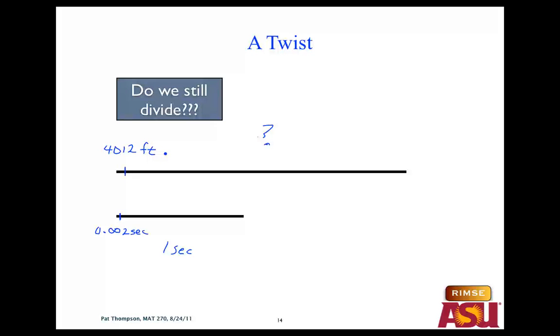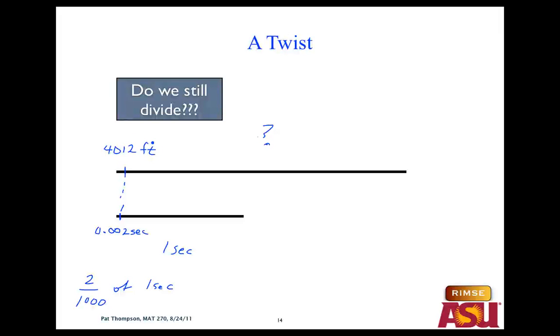Let's see. How did Jonathan W. do? Then from there I made the end of the top bar. Okay, so continuing, the bottom bar is 2 thousandths. Okay, good. So that's 2 1,000ths of 1 second. Right, and so then I said that 4012 multiplied by 2 1,000ths would be the distance covered.